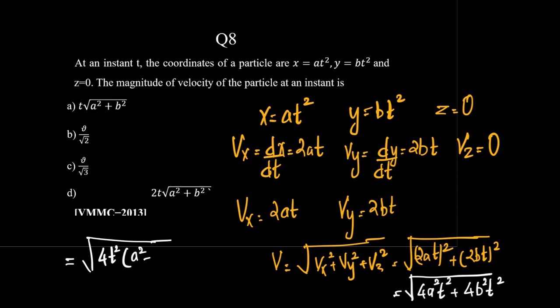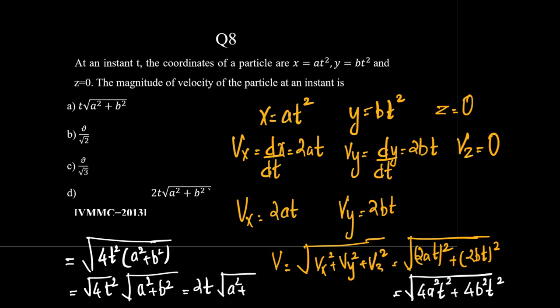Into a square plus b square, which is root of 4t square into root of a square plus b square, which is equal to 2t into root of a square plus b square. A very straightforward, simple question, which gives us the correct option as option D.